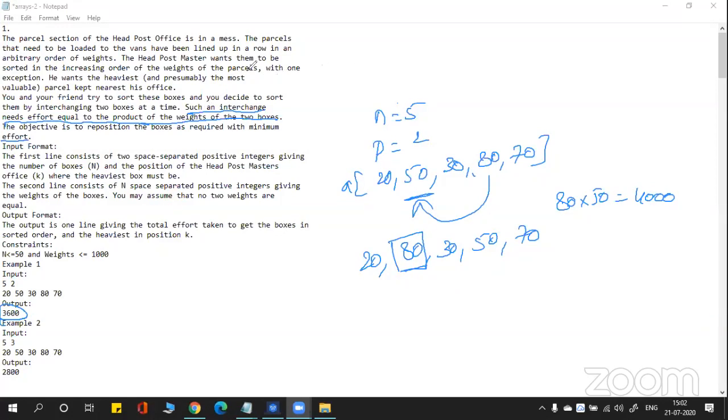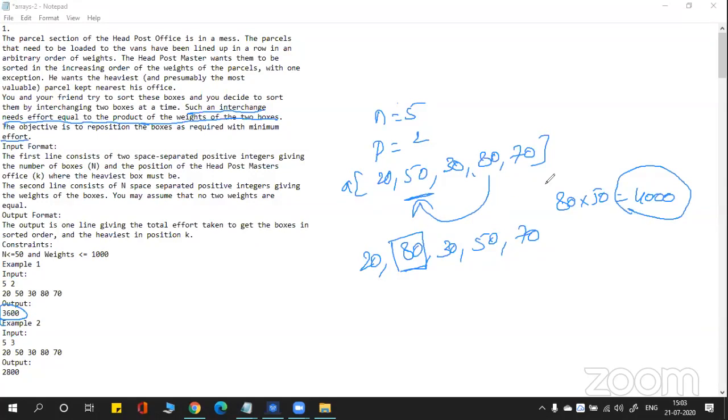If you have understood, please respond. Thank you. Okay, fine. Thank you very much. We are getting our effort as 4,000, but they are saying it can be made 3,600 only. So can anyone tell me how we can reduce our effort?